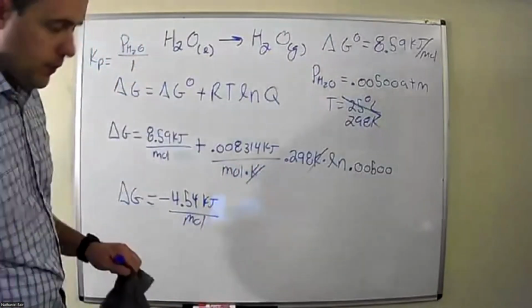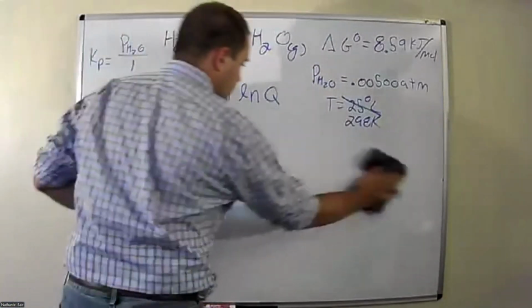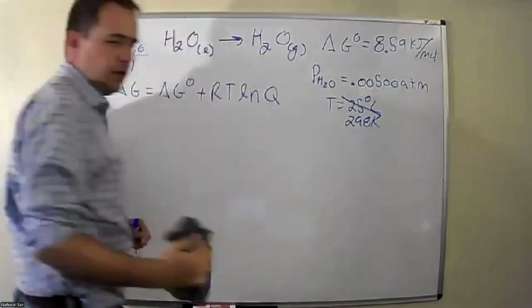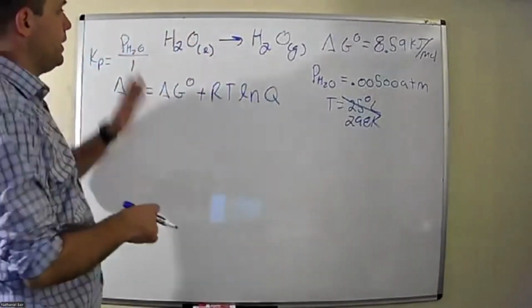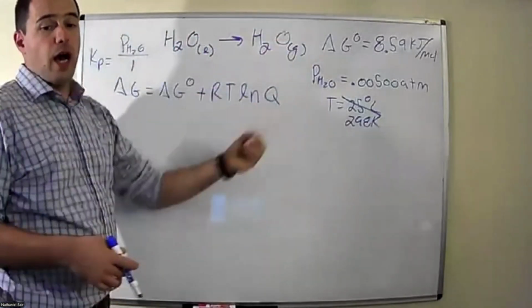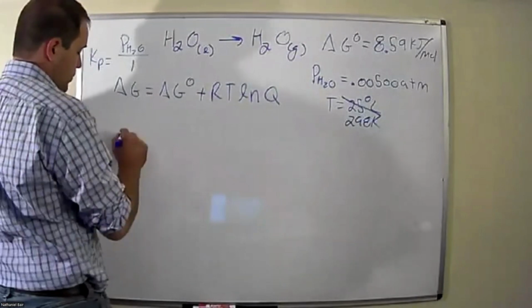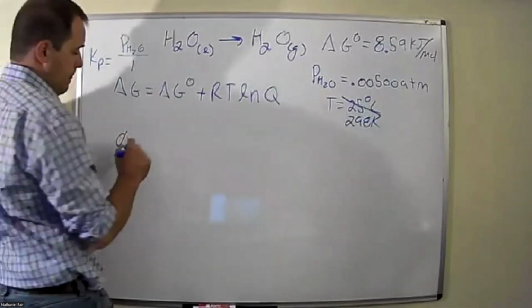How concentrated, how much water must have to be in the air? So how would we solve for that? Well, when the water goes from evaporating spontaneously to not evaporating, that's when delta G non-standard would equal 0. So we plug a 0 in for that.